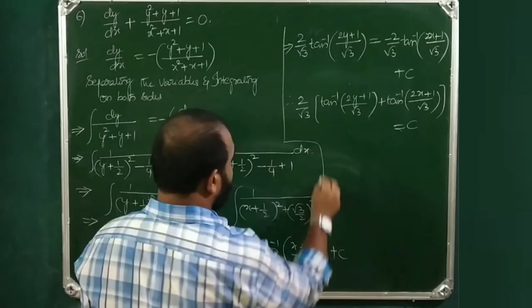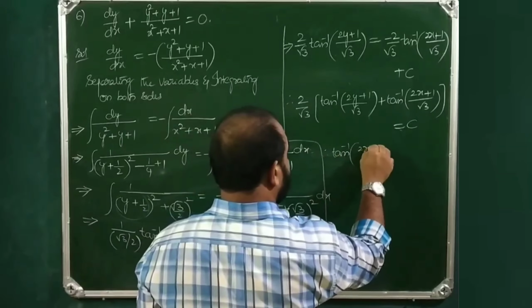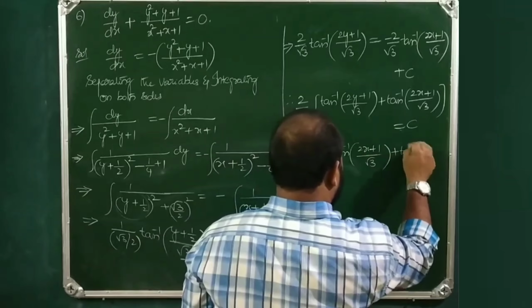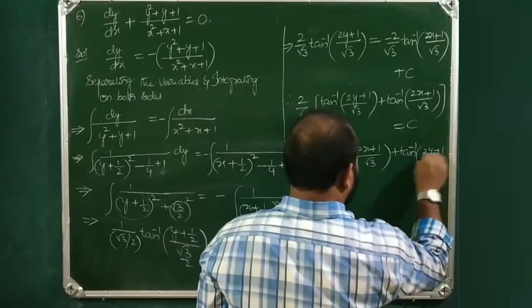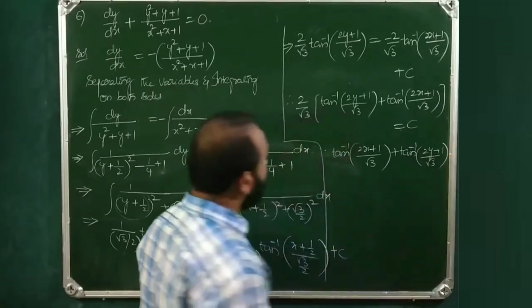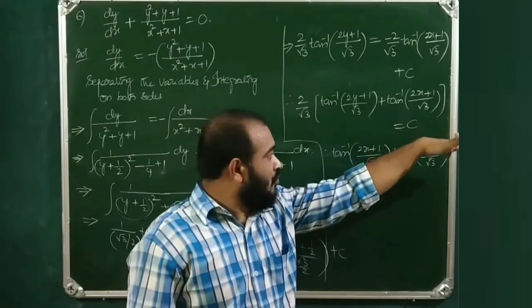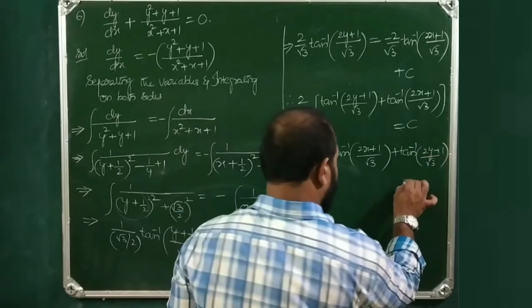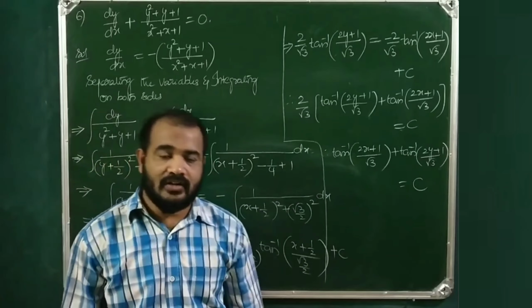That is equals to tan inverse of 2x plus 1 by root 3 plus tan inverse of 2y plus 1 by root 3 is equals to, this is 2 by root 3 if you transpose on to the another side. So this is root 3 by 2 into c. That will be taken as c or k. This is the required general solution.